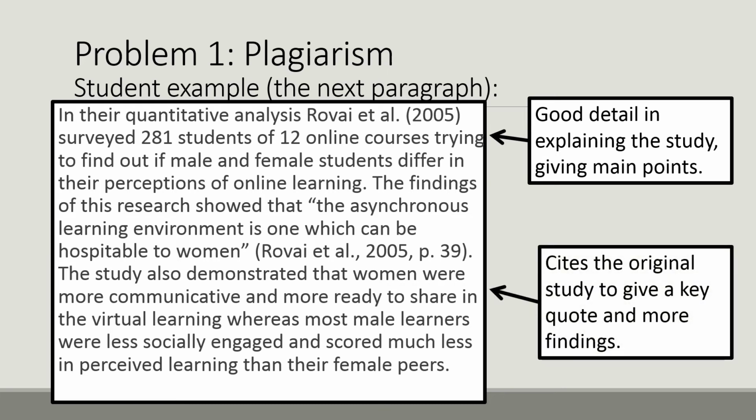They gave an original interpretation of more of the findings of what that study actually said. This is a good example of taking a piece of literature, finding the references or sources that are used, and then going and reading those sources and adding something new. So there's nothing wrong here. This is actually good, detailed reporting and summarizing of another.